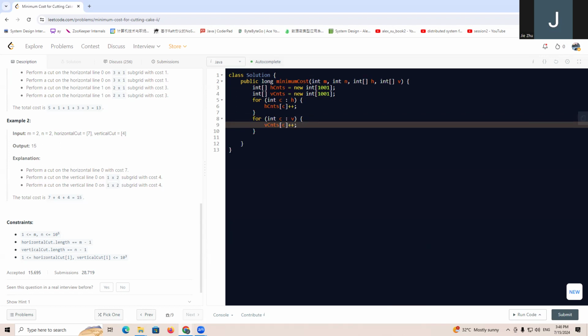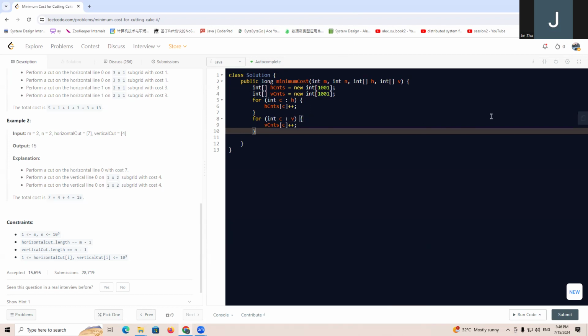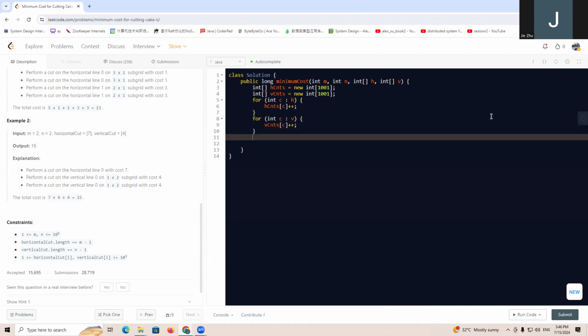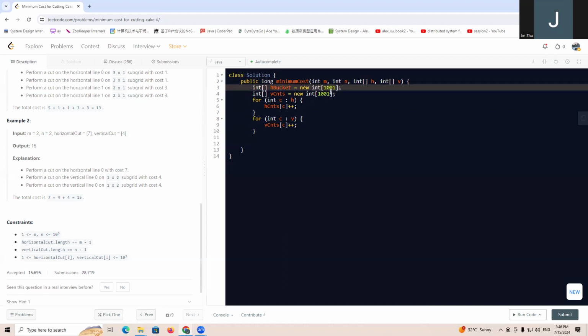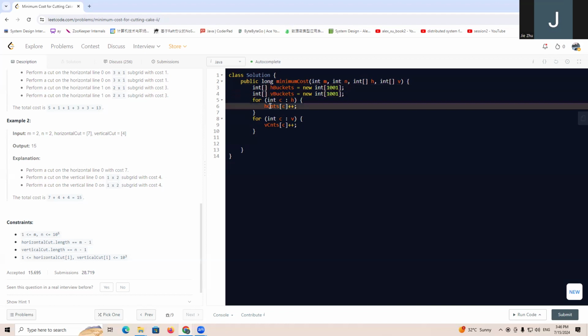So we have two buckets, this is the counts for those kind of cuts. And let's call them H bucket, V bucket, which may make more sense.